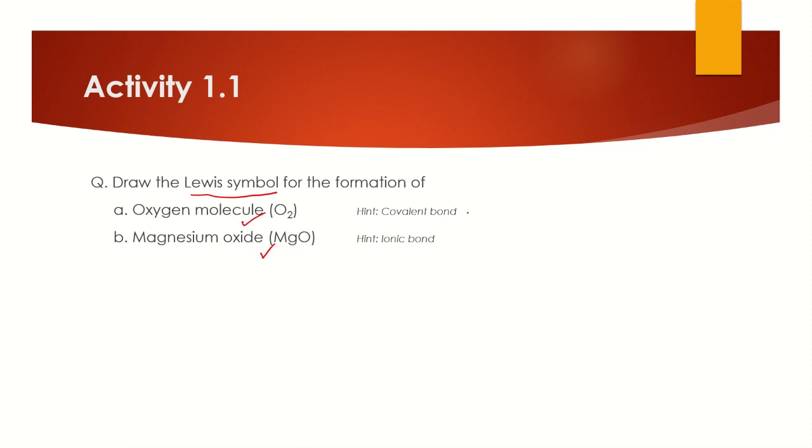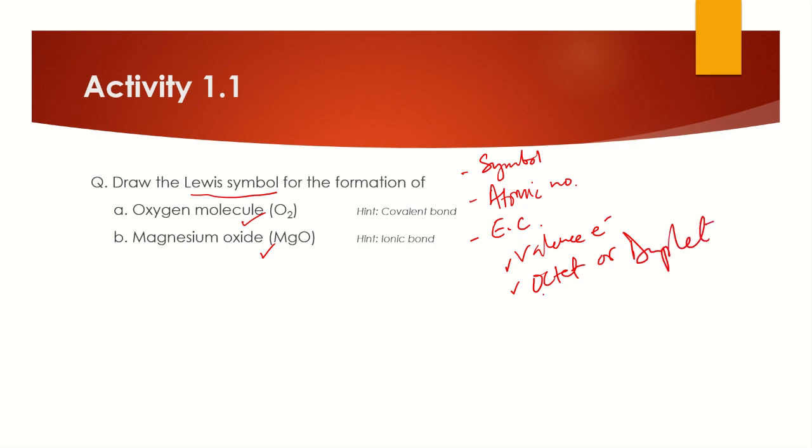Always remember to write the symbol of any element first, and after that do not forget to write its atomic number, so that it will help you to write the electronic configuration, and from the electronic configuration you will get to know its valence electrons, and from valence electrons you will get the hint whether it needs to attain octet state or duplet state. From there you will be able to understand whether they are going to share electrons or transfer electrons.